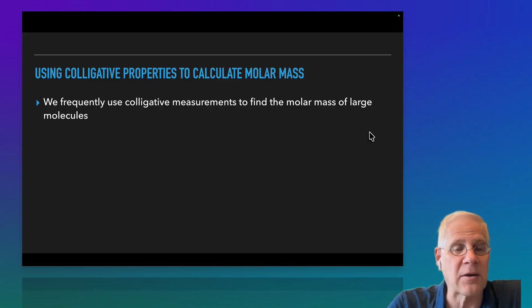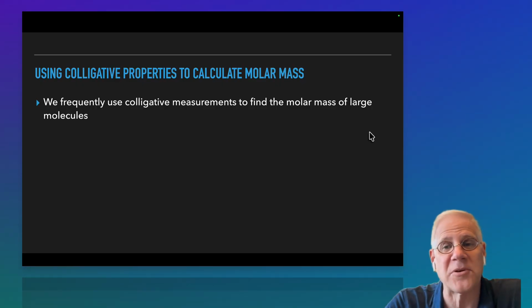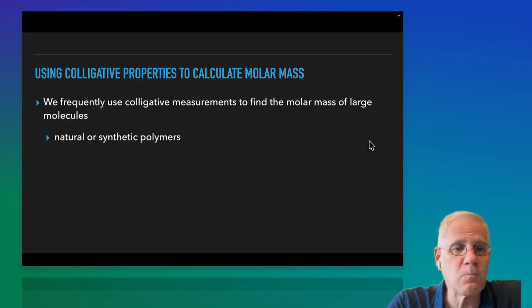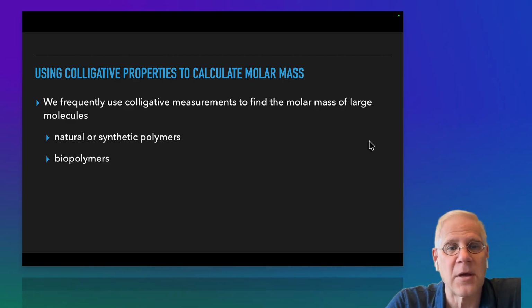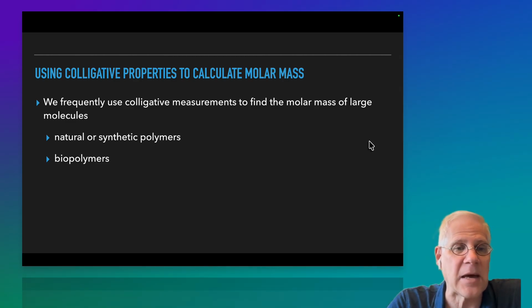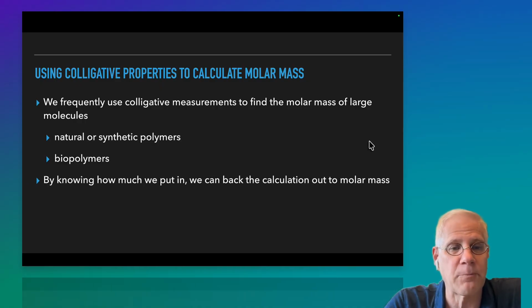And trying to calculate that is virtually impossible just by normal methods. And so colligative properties become a really useful way of doing this. So natural or synthetic polymers, especially natural polymers, if something new is found, gives them a way of finding the molar mass. Biopolymers, such as those that make synthetic skin or something like that, it works really well with also.